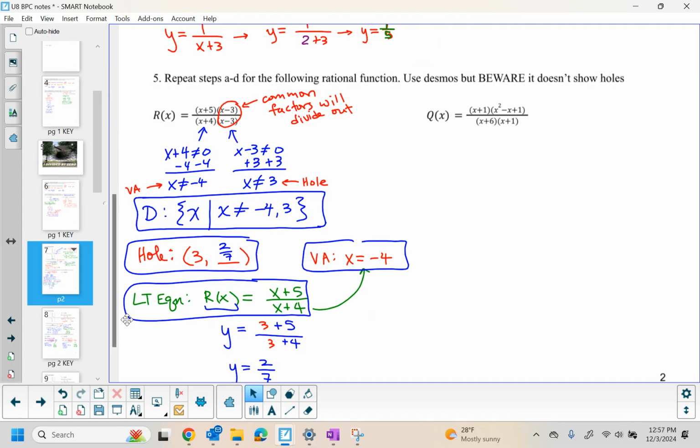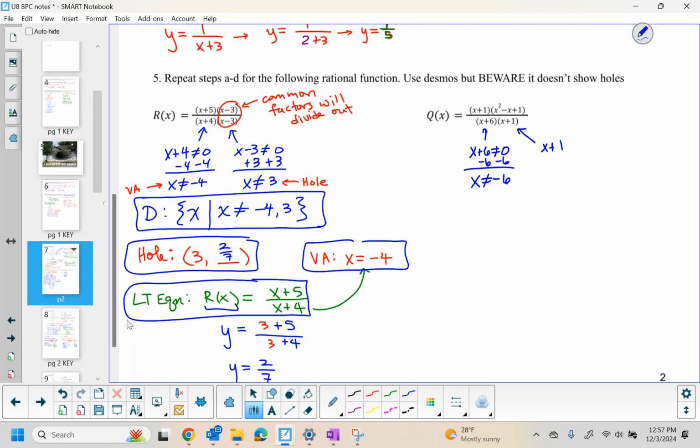So for this next one, I am going to say, okay, this tells me that x plus 6 cannot equal 0. So x cannot equal -6. This tells me that x plus 1 cannot equal 0. So x cannot equal -1.